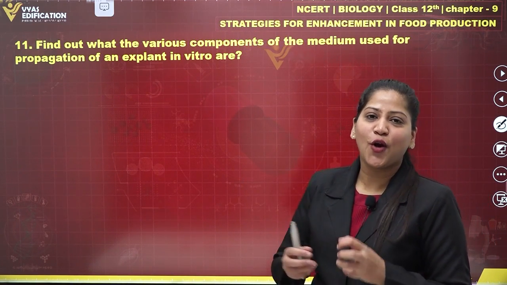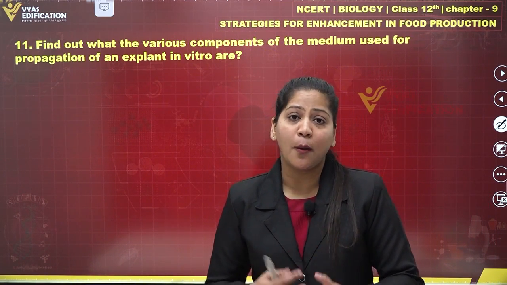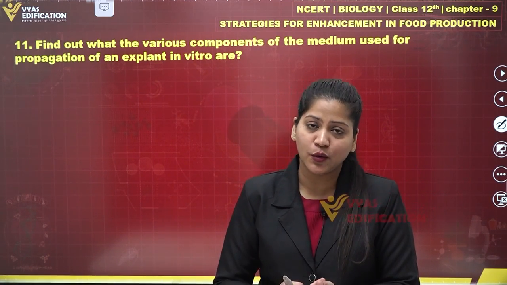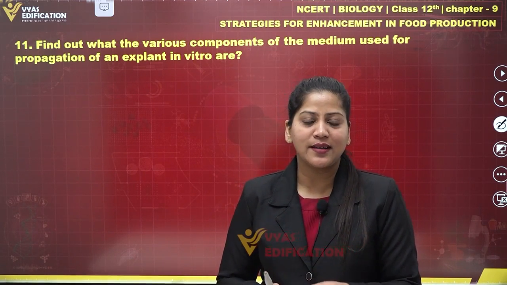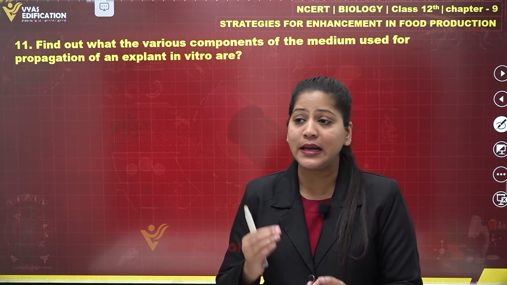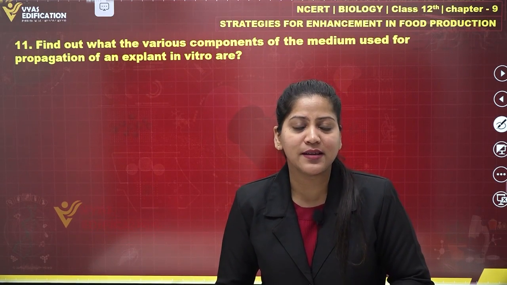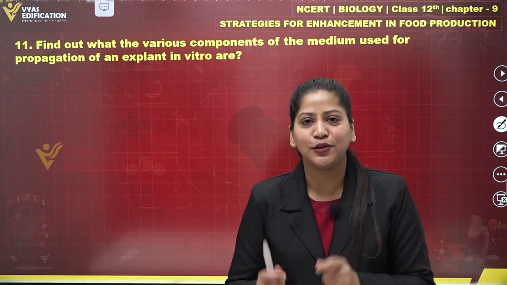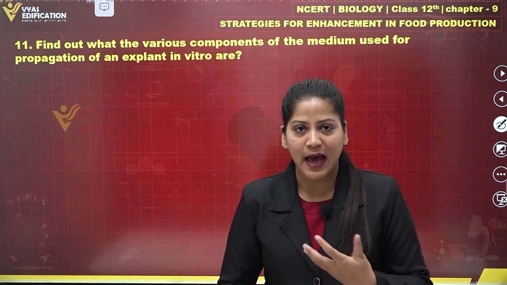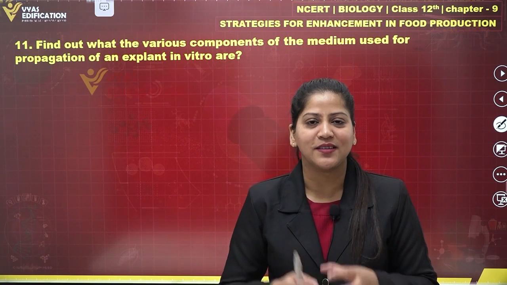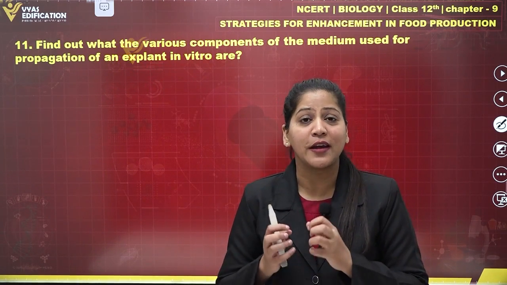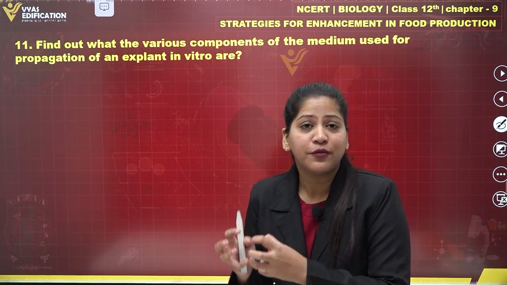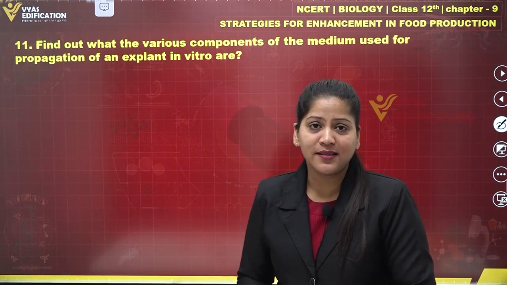So the major components which are used in the propagation of X plants in vitro are the carbon sources such as sucrose, then inorganic salts, vitamins, amino acids, water, agar-agar, and certain growth hormones such as auxin and gibberellin. So these all are the major components which are used in the medium in which we are propagating X plants in vitro.